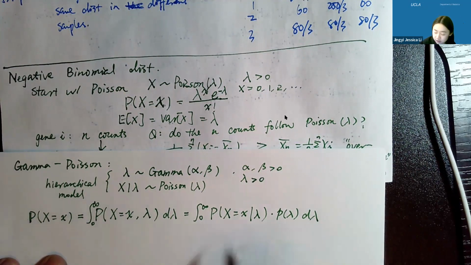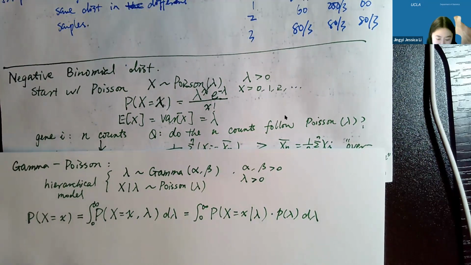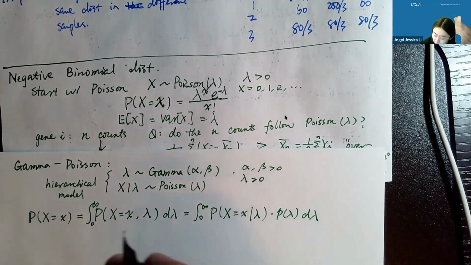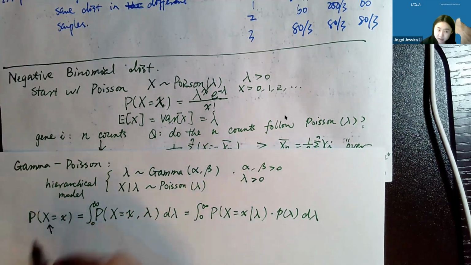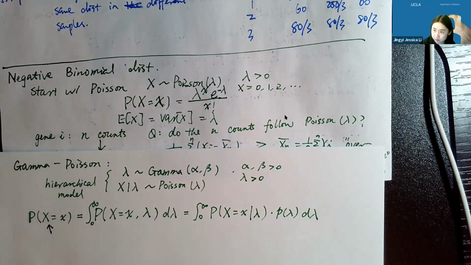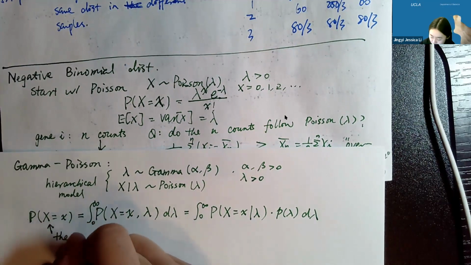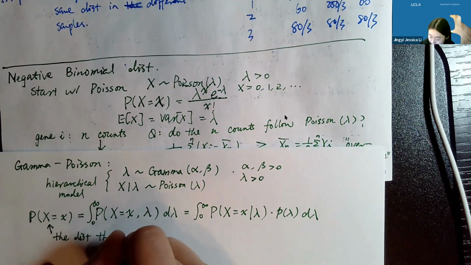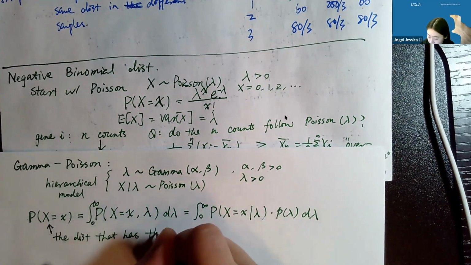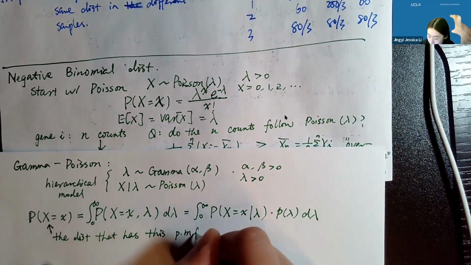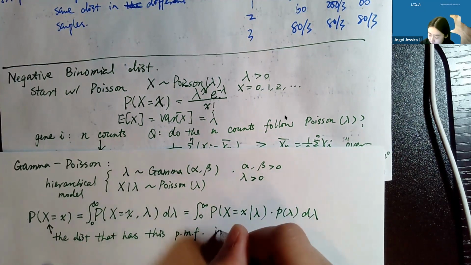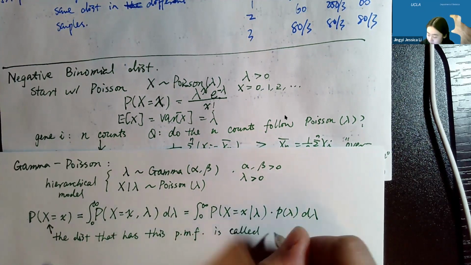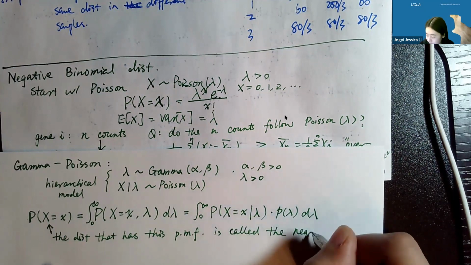We want to solve this integration problem, but I'll leave that out. What I can say is that with this formulation, we can define the resulting distribution. The distribution that has this probability mass function is called the negative binomial distribution.